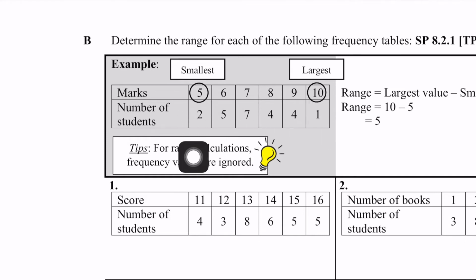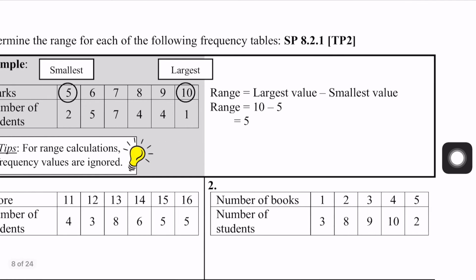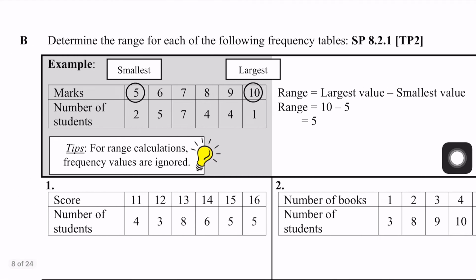Okay, and then kita tengok tip. For range calculation, frequency values are ignored. So nak kira range untuk frequency table, kita abaikan dia punya frequency. Kita tengok dia punya benda yang diukur tu marks ataupun score ataupun number of books. So, macam ni, largest minus smallest, 10 minus 5 is equals to 5.